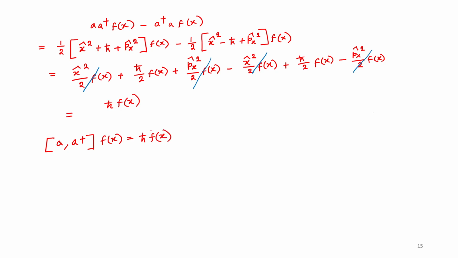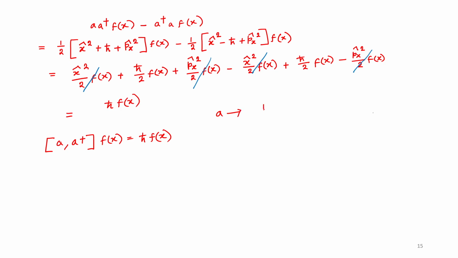This is actually an eigenvalue equation because h cut is constant, right? So the commutator of a dagger is h cut. I know there was a lot of calculation, but this is what we are left with. Obviously we should not forget what a and a dagger are.